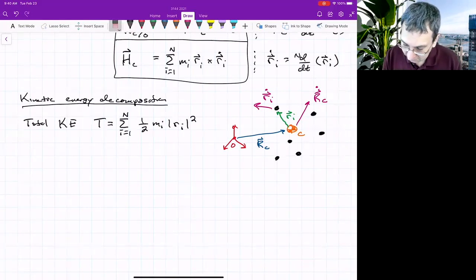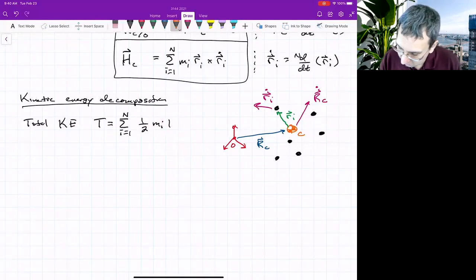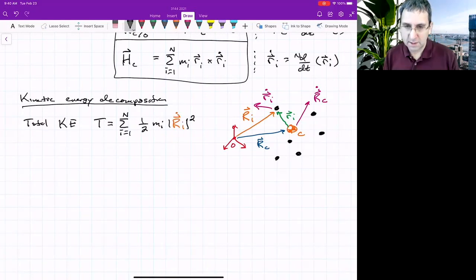This would be writing what each particle is in terms of capital R_i, so this is capital R_i dot squared. That's one way to write it, but it's sometimes easier to, like above, decompose this into kinetic energy of the center of mass plus kinetic energy of the system with respect to the center of mass.